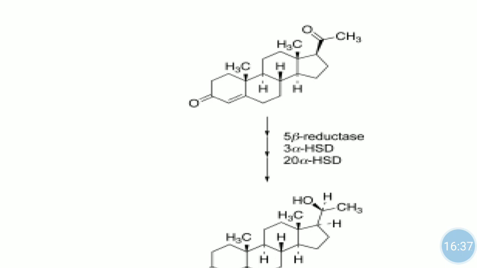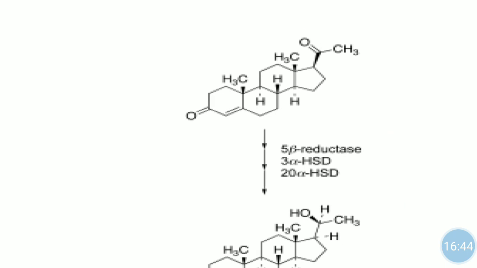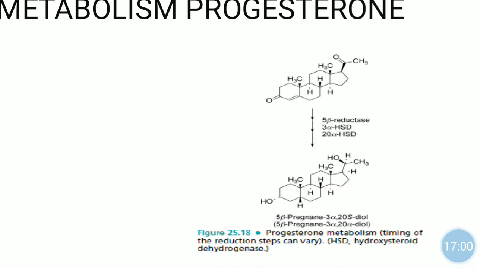The next is 3 alpha hydroxysteroid dehydrogenase, at the third position. Then the next one is the 20th position, 20 alpha. When these 3 enzymes act on the structure of progesterone, you get 5 beta-pregnane-3 alpha,20 alpha-diol, which is the inactive form of progesterone.